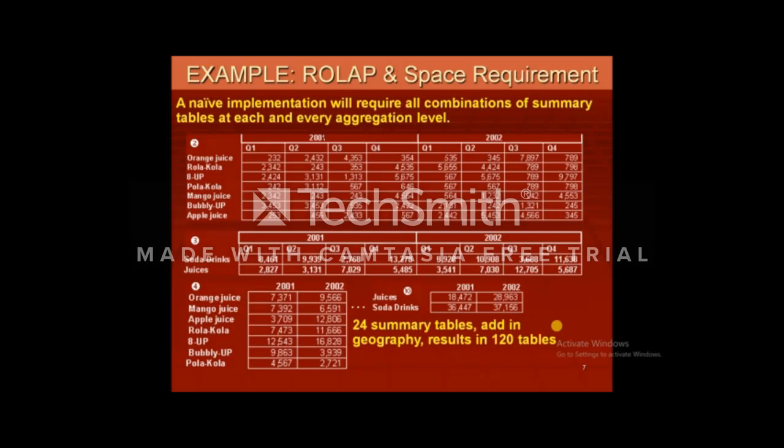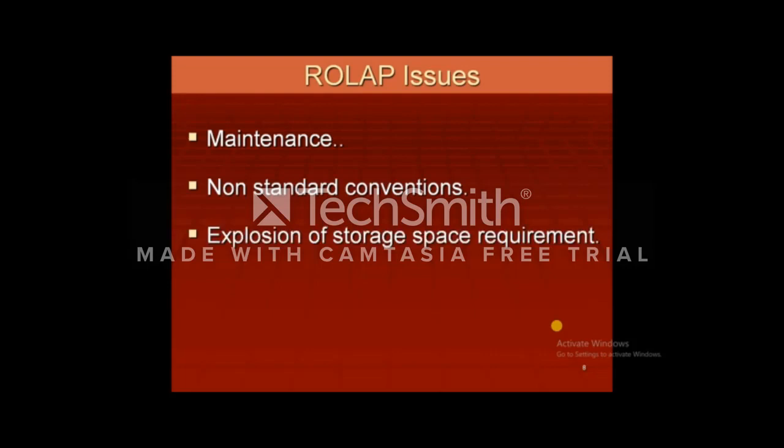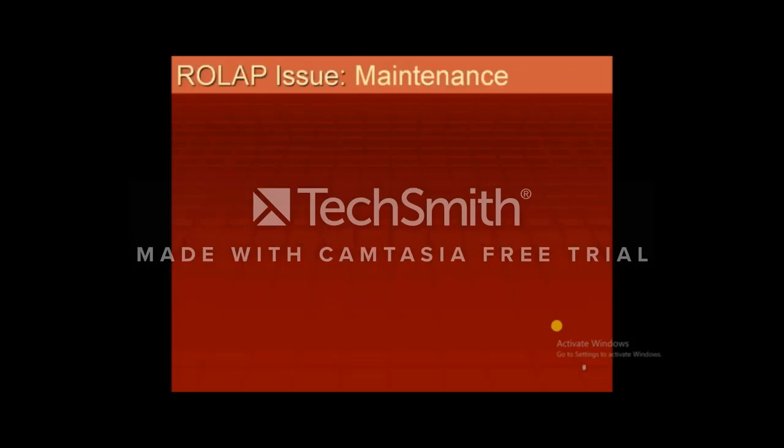So in our next slide we will discuss the ROLAP issues that are generated when we store multiple summary tables. There are 4 different ROLAP issues that we encounter when we use ROLAP as a data warehouse technique to store our data.